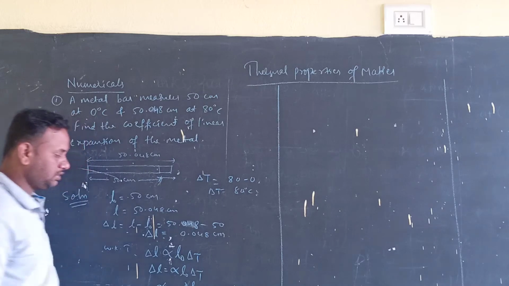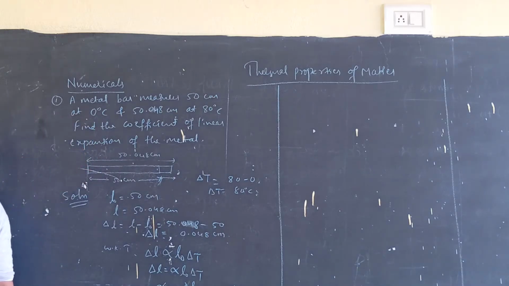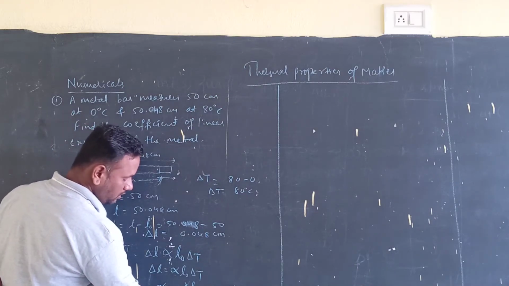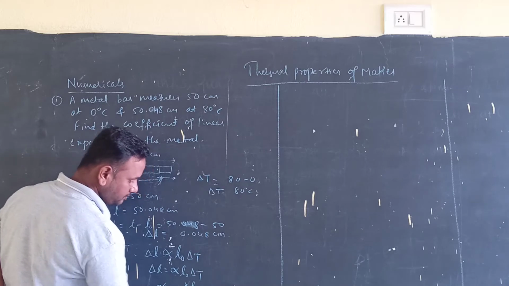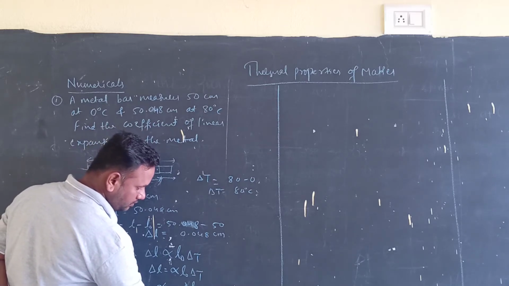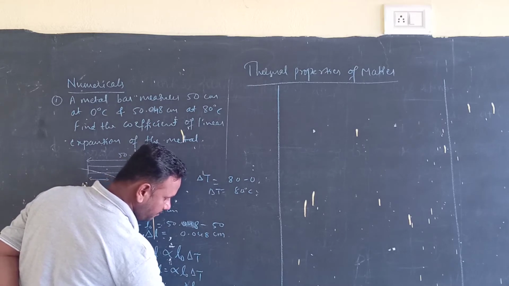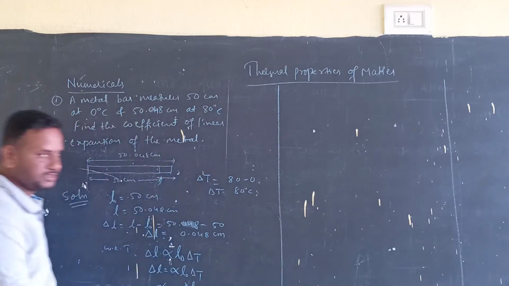Okay, now we can calculate this. So after calculating, you will be getting 1.2 into 10 to the power of minus 5 per degree Celsius.